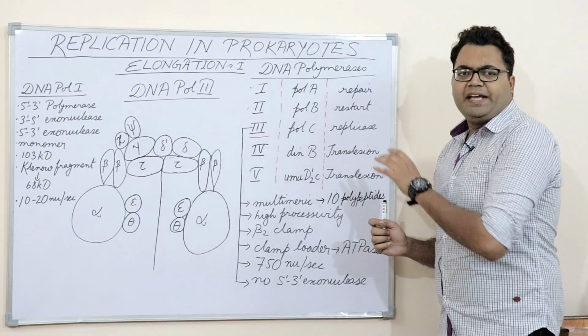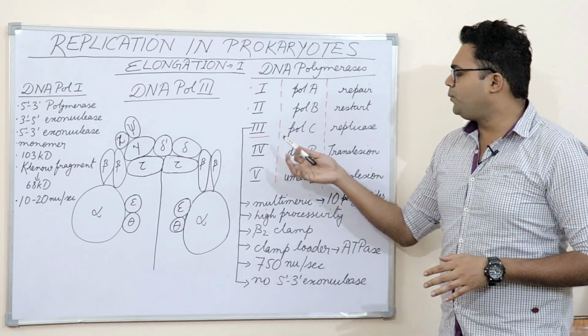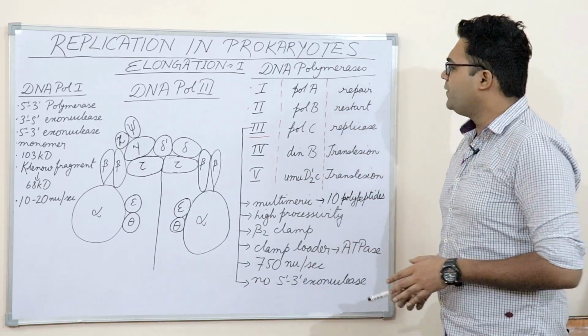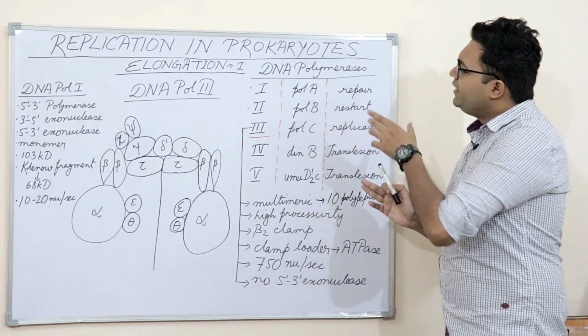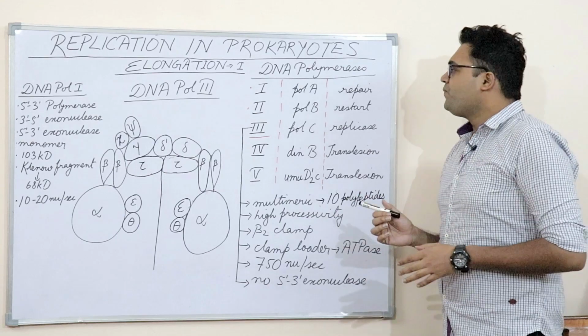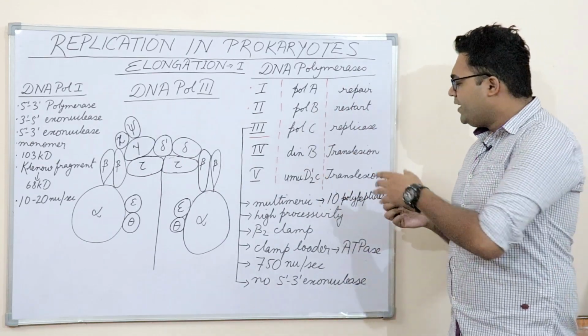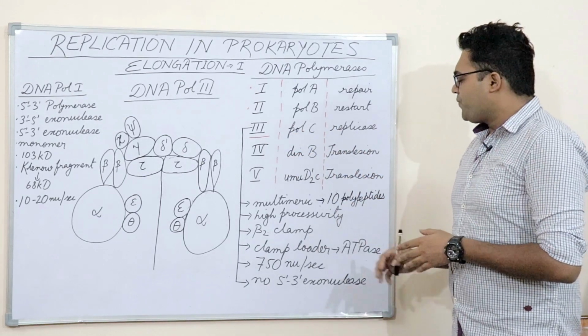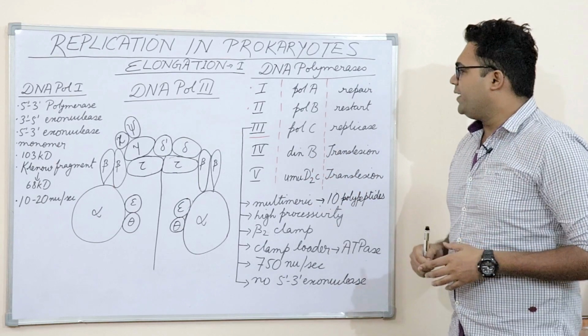Now, specifically in Escherichia coli, there are 5 types of DNA polymerases: Pol1, Pol2, Pol3, Pol4 and Pol5. These are the genes responsible for encoding these specific DNA polymerases. PolA gene encodes Pol1, PolB Pol2, PolC Pol3, DinB Pol4 and UmuD'2C for Pol5.